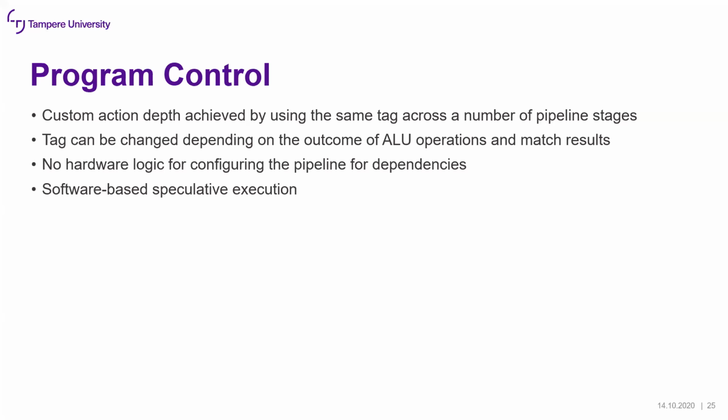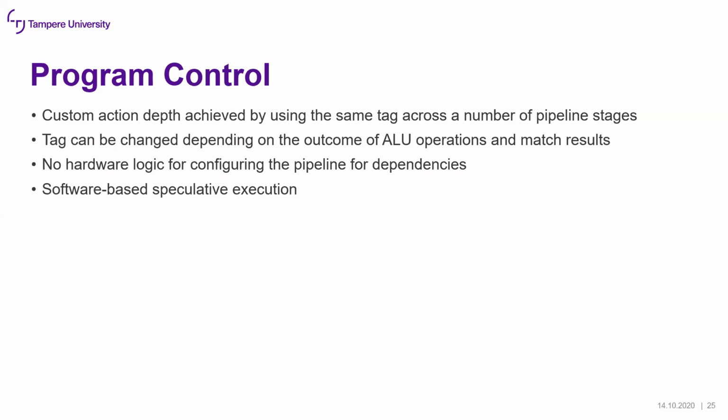And a few other words on program control. How do we achieve custom action depth? Simply by using the same tag across a number of pipeline stages. And this tag actually can be changed depending on the outcome of ALU operations and match results. We have no hardware logic for configuring the pipeline for dependencies.